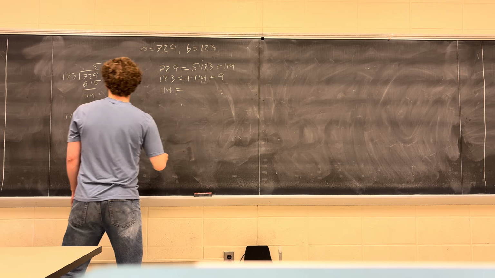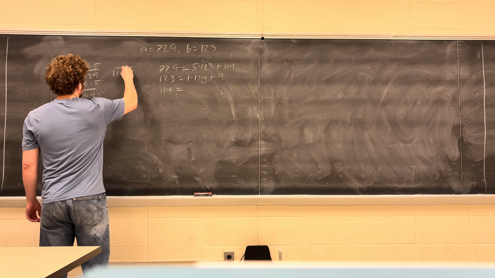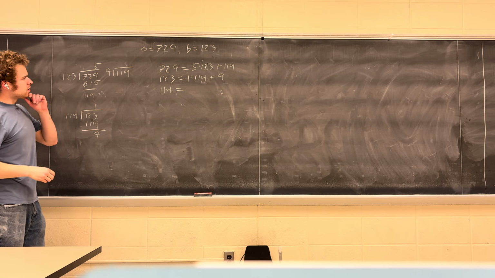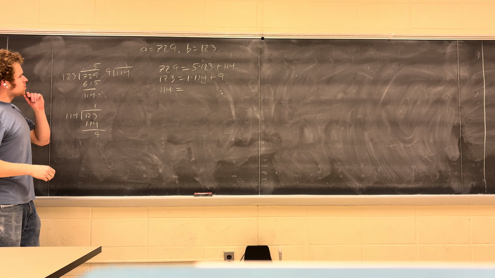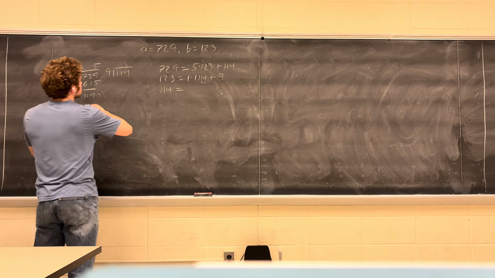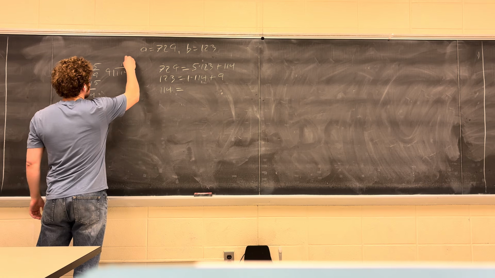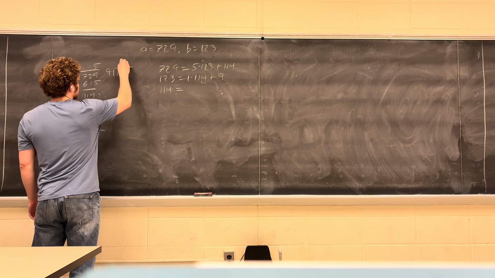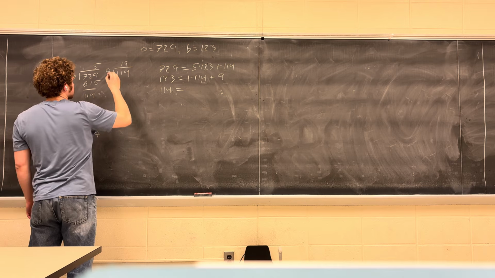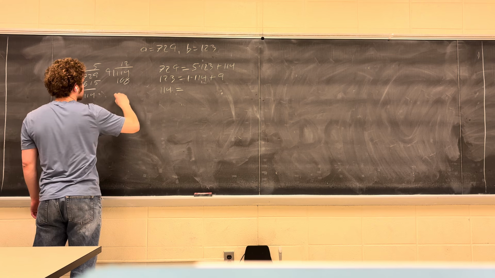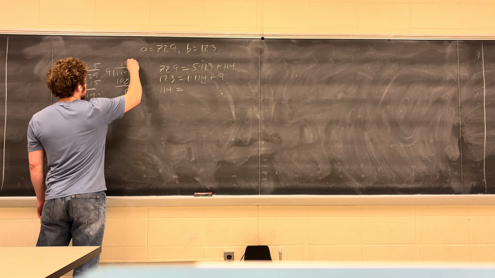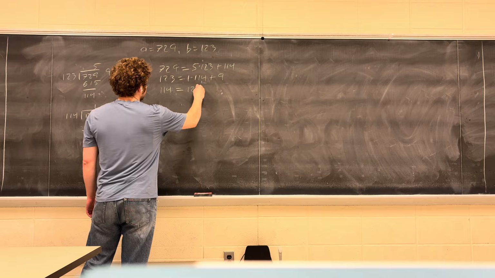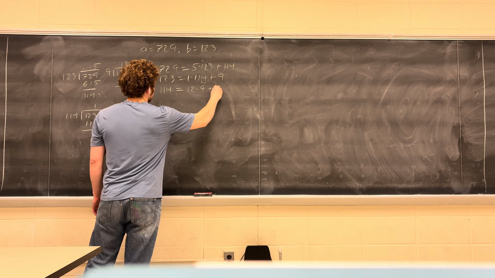Now 114 and 9. 9 is going to go in, I believe, 12 times. Let's try that. 12 times 9 is 108. Remainder 6. So it's going to be 12 times 9 plus 6.